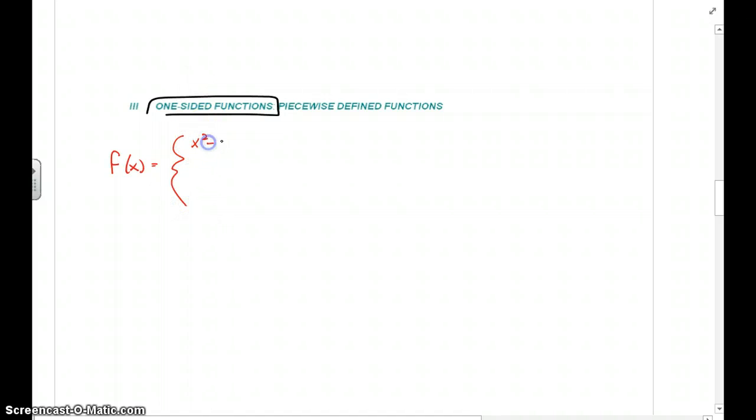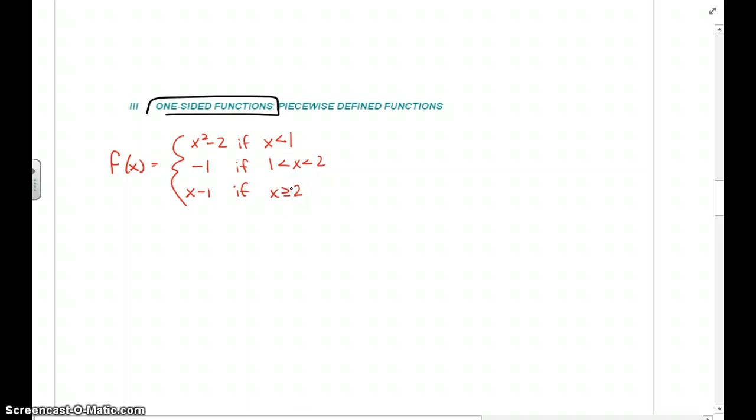We got x squared minus 2 if x is less than 1. And f of x is equal to -1 if x is between 1 and 2. And then f of x is equal to x minus 1 if x is greater than or equal to 2.